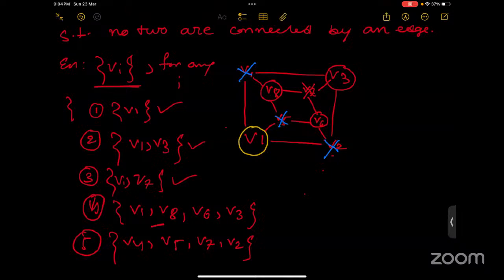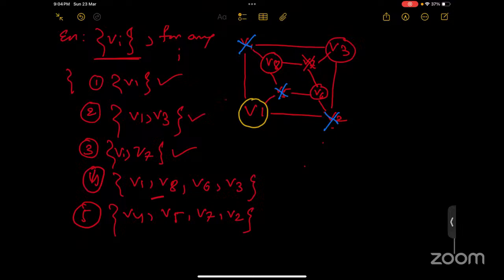Okay, we can construct one more example. We can start with V3: V3, V1, V6 and V3, V8, V1, V6. We already did that. We also did V4. We can start with V5.